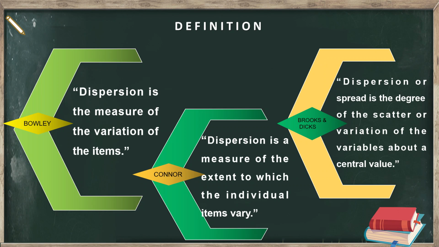And according to Brooks and Dix, dispersion or spread is a degree of the scatter or variation of the variables about a central value. If we want to define it further, it is a statistical term which depicts the size of the distribution of values expected for a specific variable. It can be estimated by several different statistics such as range, variance, and standard deviation.